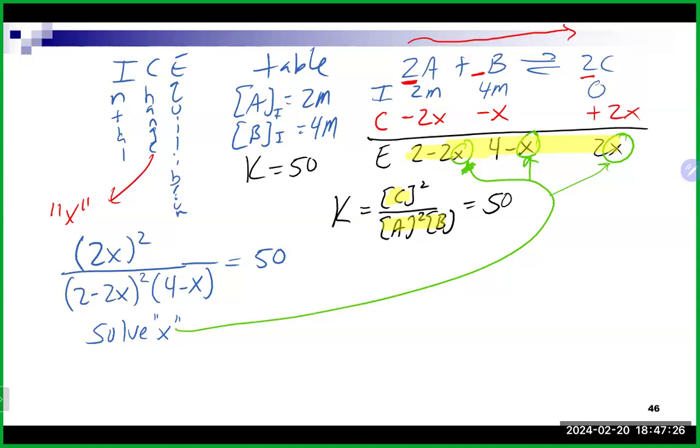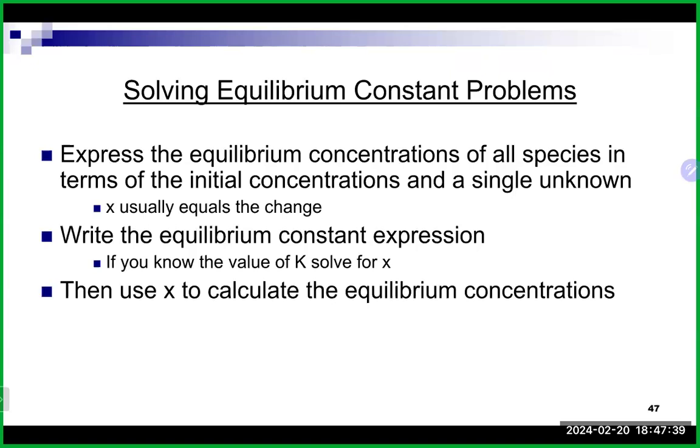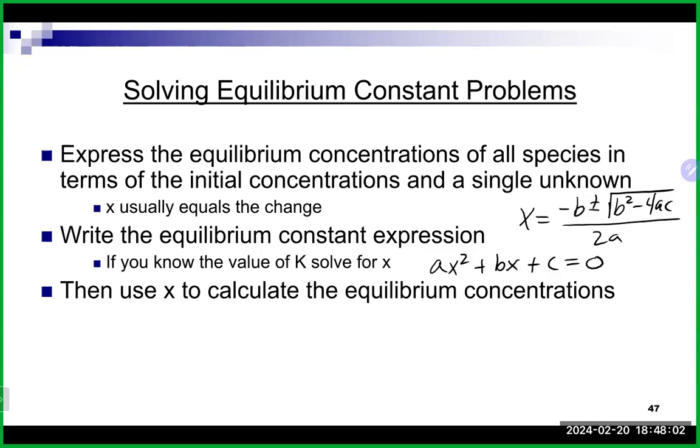One very popular math thing we come across a lot is the quadratic formula. x is equal to minus b plus or minus the square root of b squared minus 4ac, divided by 2a, and that is based off of a formula that looks like ax squared plus bx plus c is equal to 0.